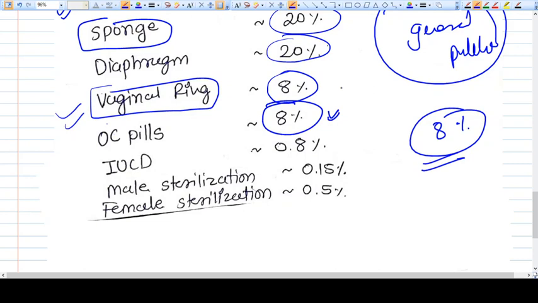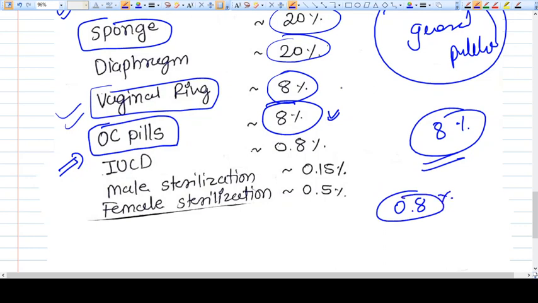Because many couples did not take these OC pills very sincerely when they should be taken. Otherwise, if we use OC pills very dedicatedly, then it can be as low as 0.8, which is the same as IUCD. Okay, so compliance is also a factor.